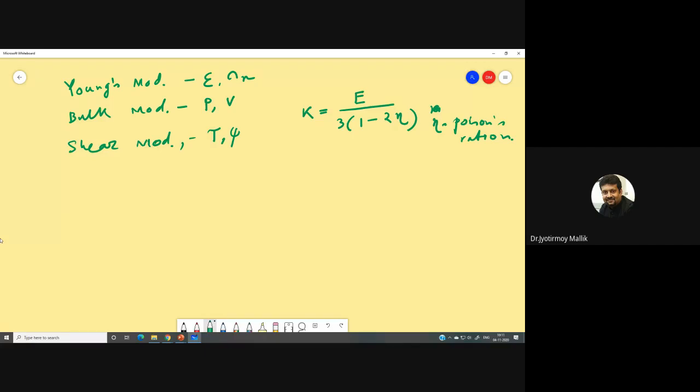Similarly, shear modulus and Young's modulus can be related as well. Shear modulus is equal to Young's modulus divided by 2(1 plus nu).